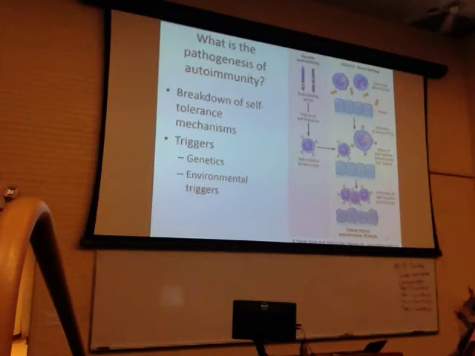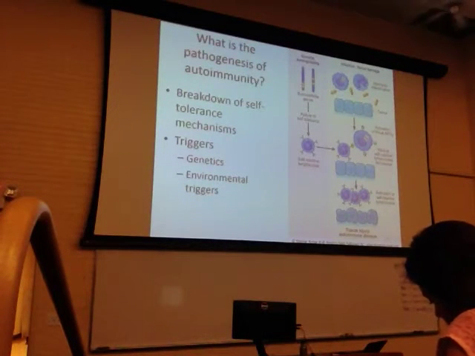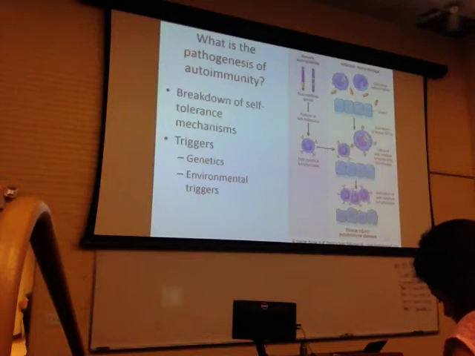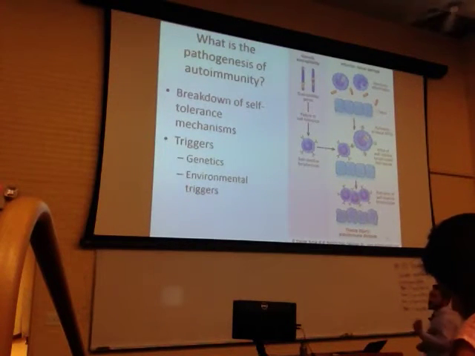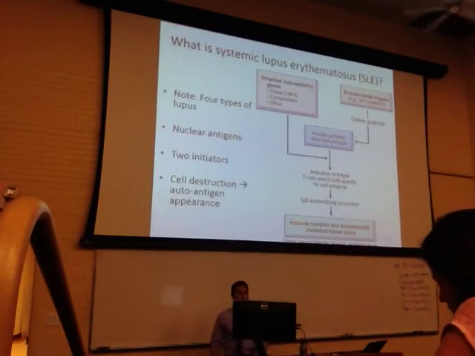So if you have a genetic susceptibility and there's failure of self-tolerant screening, then you're going to develop self-reactive lymphocytes, B and T lymphocytes.